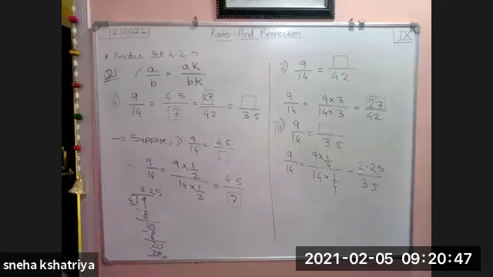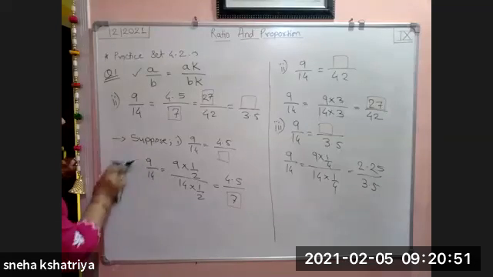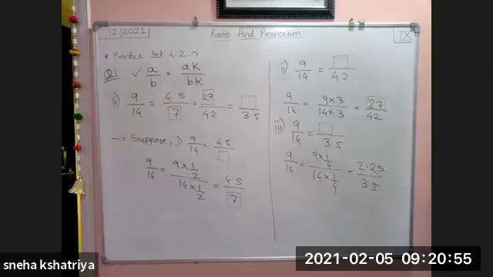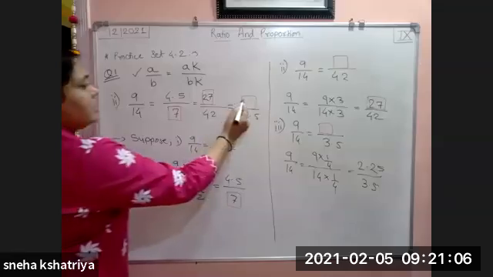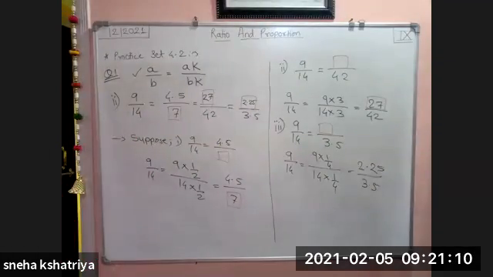So 2.25. Again, if the point is there and jumbling is happening because of the point and carry-on numbers, then just go on the rough page and solve it. So 9 by 4 is 2.25. So your last box is here, that is 2.25, and we have completed all the boxes.